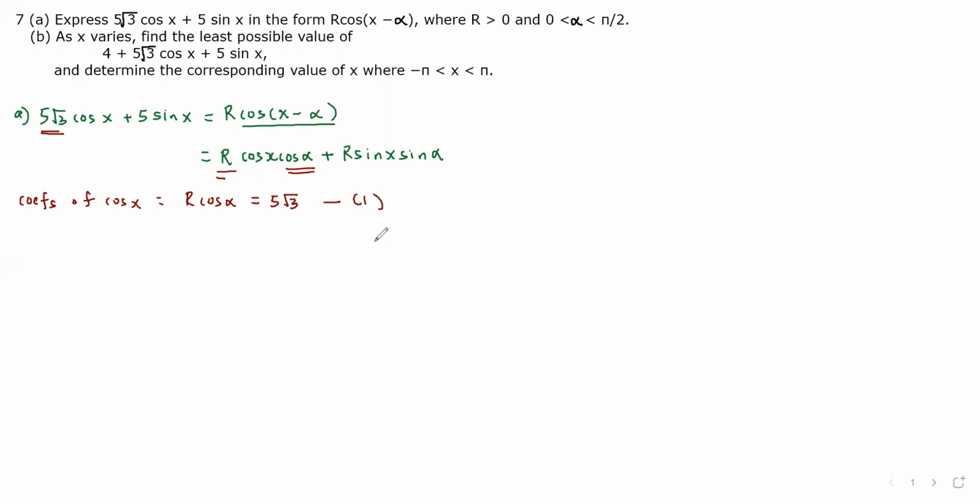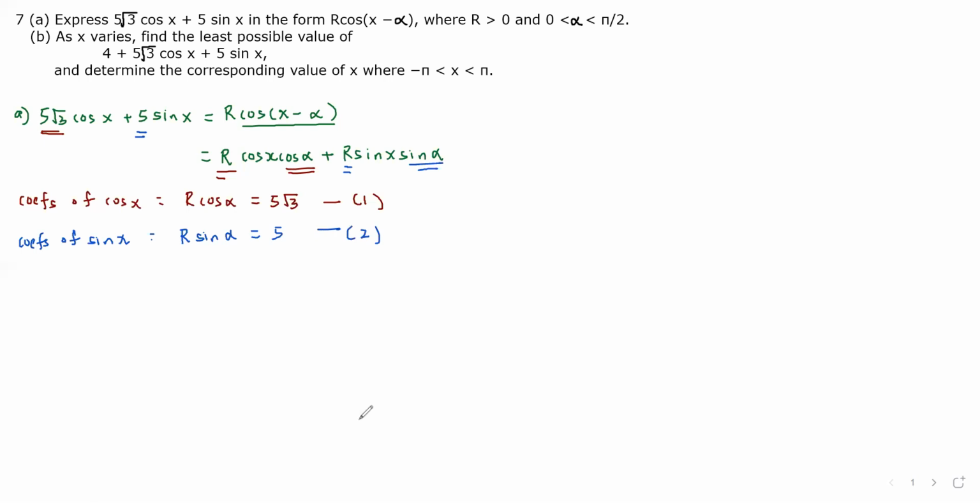We set this as equation number 1. And we can also equate the coefficient of sin x. We have r sin alpha equals 5, and that is equation number 2.